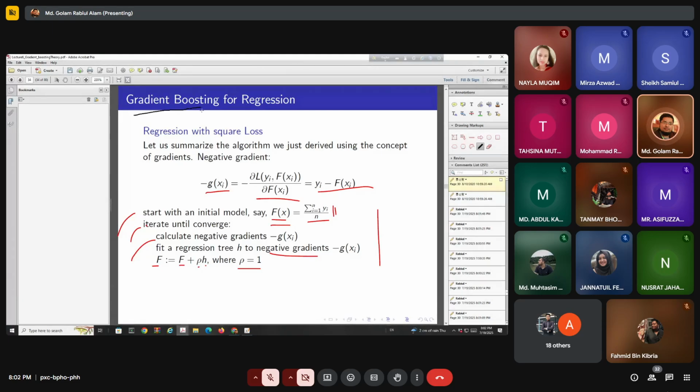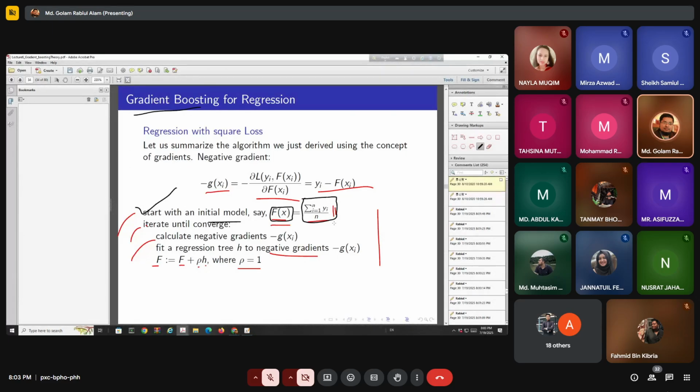So now the gradient boosting algorithm. We have to start with the initial model, f(x). The initial model can be any model. You can even utilize any other machine learning algorithm to find the initial model, or the basic way is to just find the average, like the summation of yi divided by n.